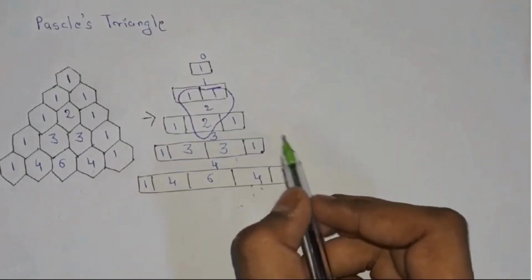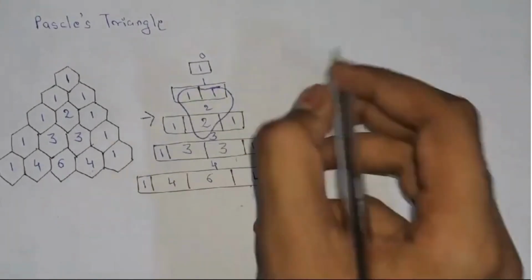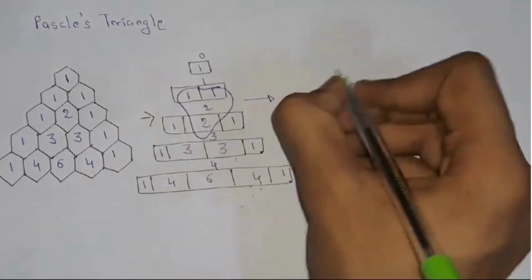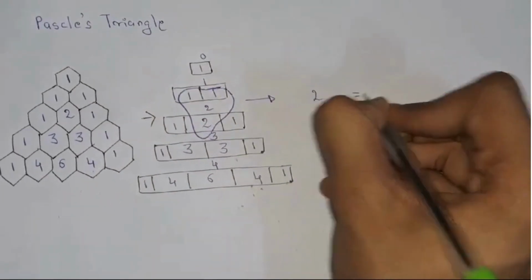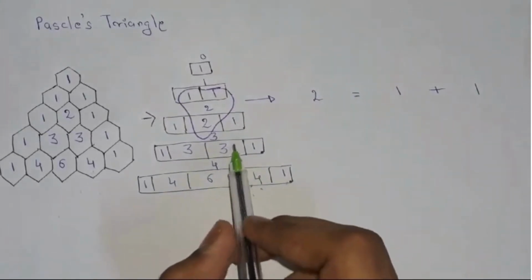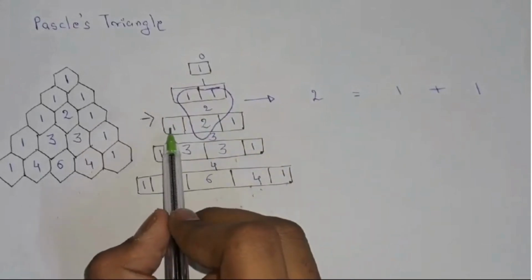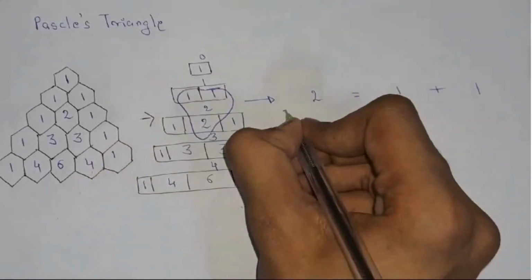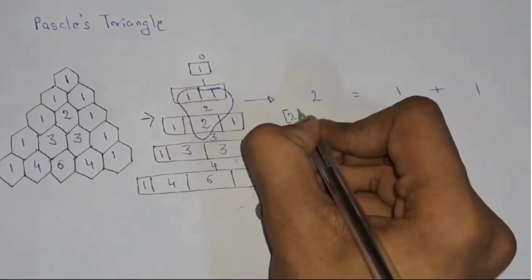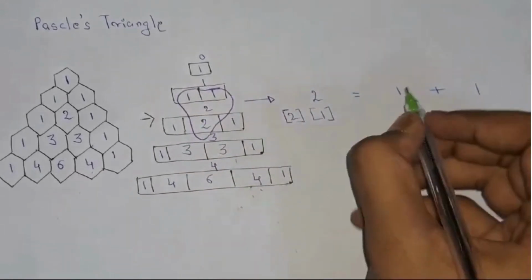Now let's find the logic, taking this particular part under consideration. 2 equals 1 plus 1. As you can see, 2 lies in the third row and the second column. Third row means index 2 and second column means index 1.